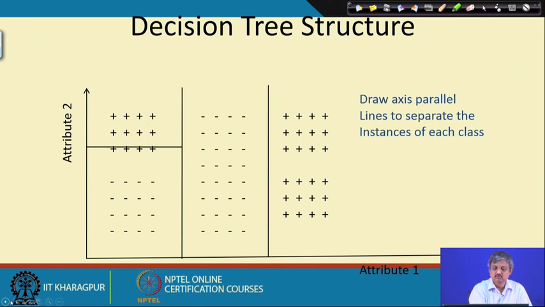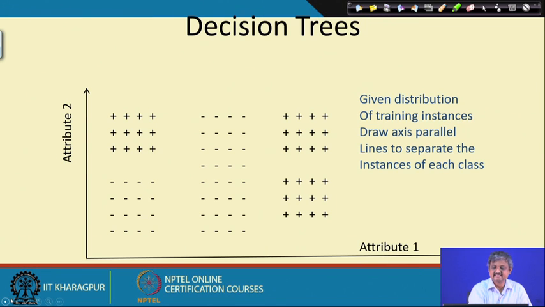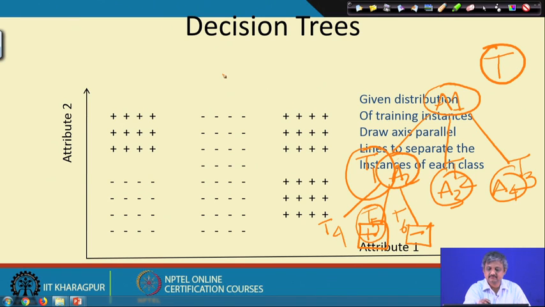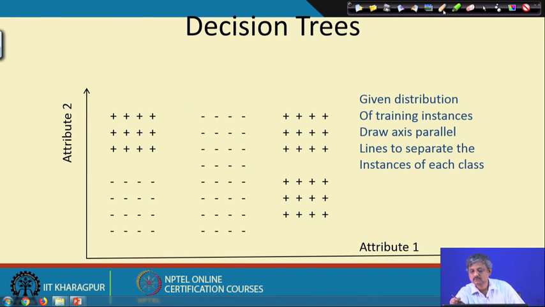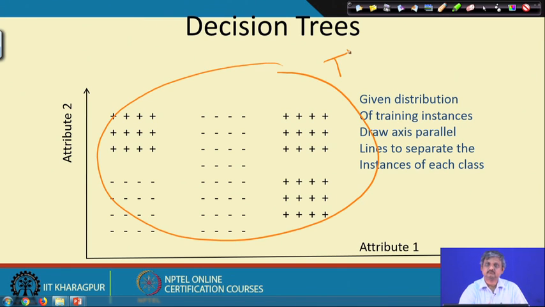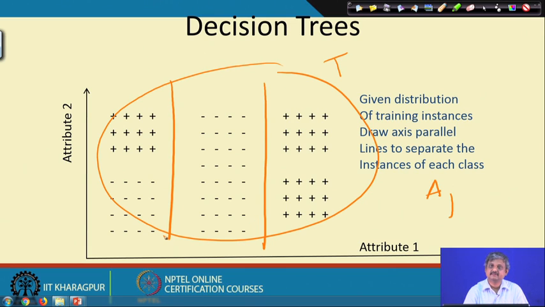So, initially my entire training set is T. Now, if I split along A1 into three branches actually, then this is my T1, this is my T2 and this is my T3, they get split.